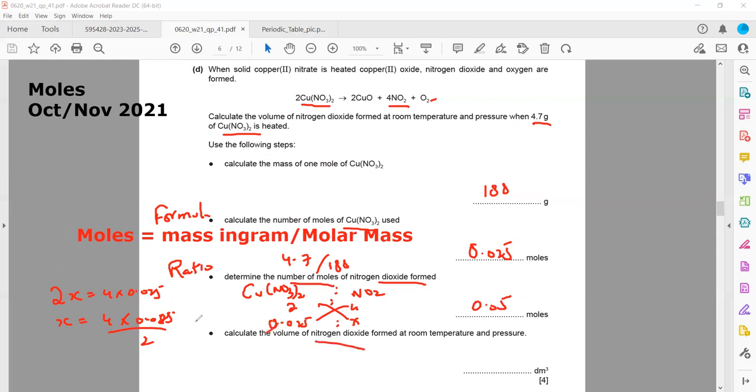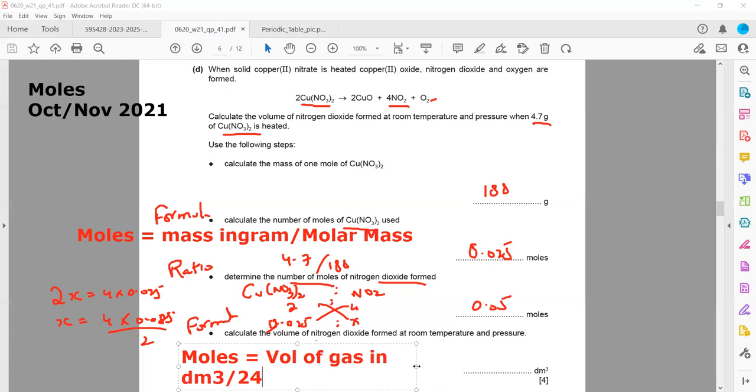Then calculate the volume. We need the volume, so which formula will we use? If we need a volume of a gas, not the solution, the volume of a gas. Moles equal volume divided by 24, volume of a gas in dm cube, decimeter cube, divided by 24.